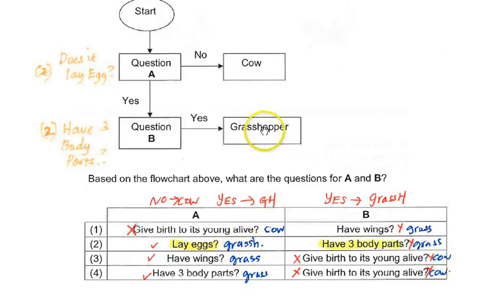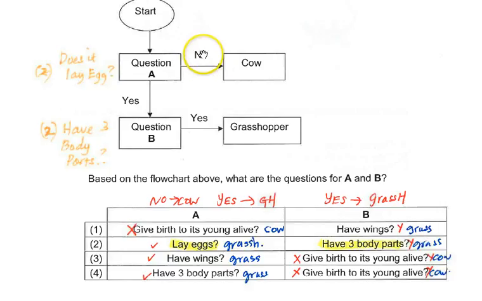The grasshopper lays eggs. Okay, so the question can be asked. Okay, does it lay eggs? No, a cow does not lay eggs. So question A can be this, number 2. That's why I put a tick there. And question A can also be number 3 here. Have wings?